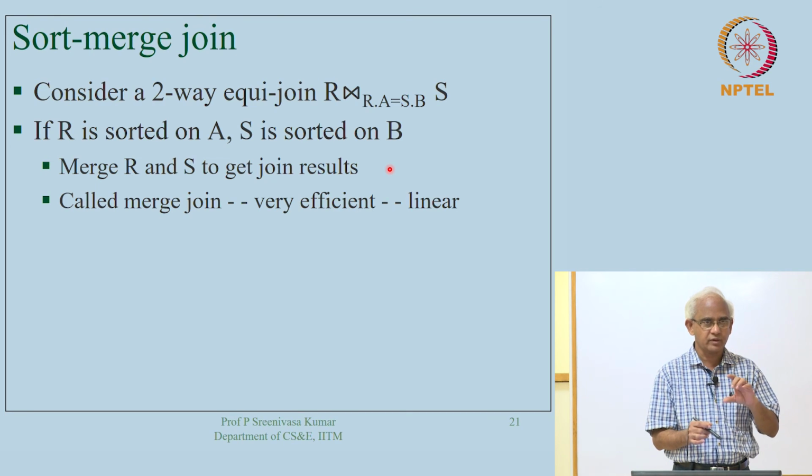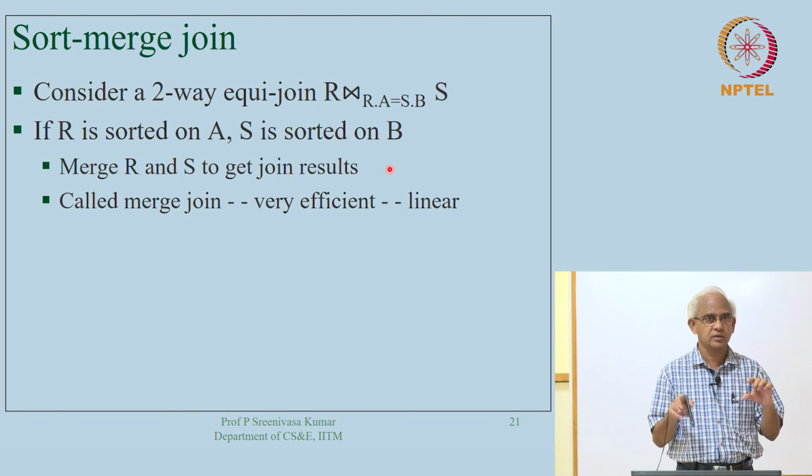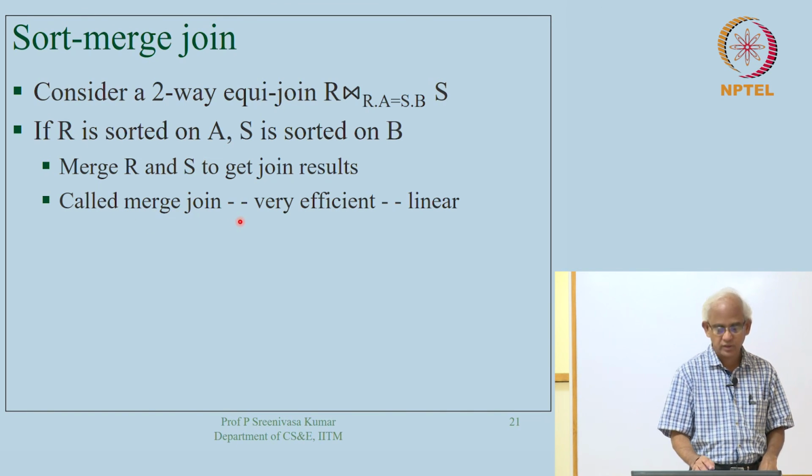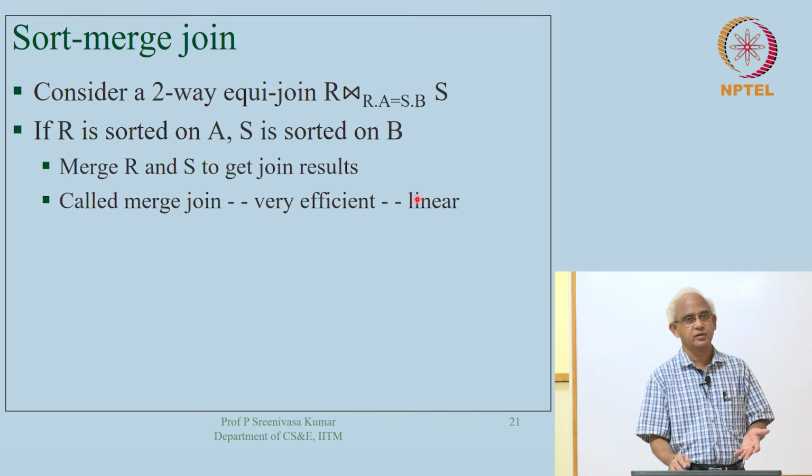The advantage here is that if you are considering a particular value x in the sorted file, approximately all the matching records will be at the same place in the other file, because that is also sorted. So, you do not have to go all over the file to figure out the matching results. This is called a merge join, and it is very efficient because it is linear.